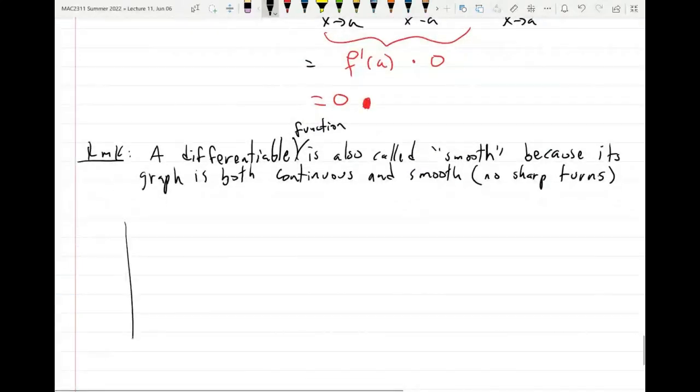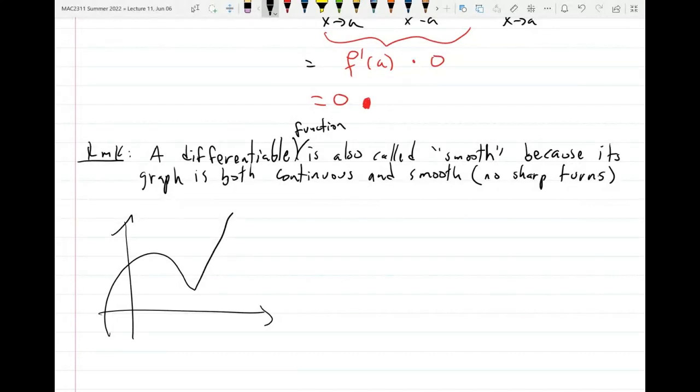In other words, you see a picture like this, and these points where we were turning over here and over here, those are nice, but this one is not good. That little peak that we have in there is a point at which the function is not differentiable. In other words, it's not smooth there.